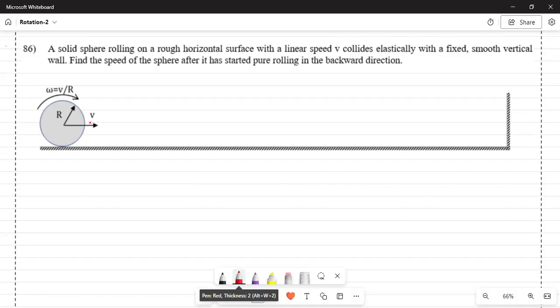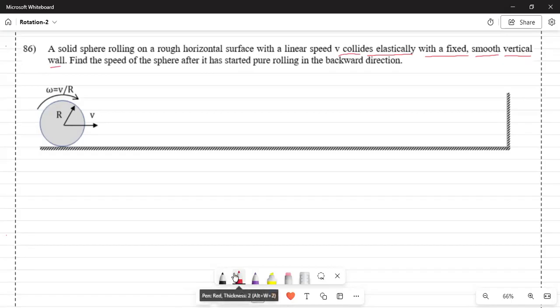It says that it collides elastically with the fixed smooth vertical wall. That is the only new thing in this question.